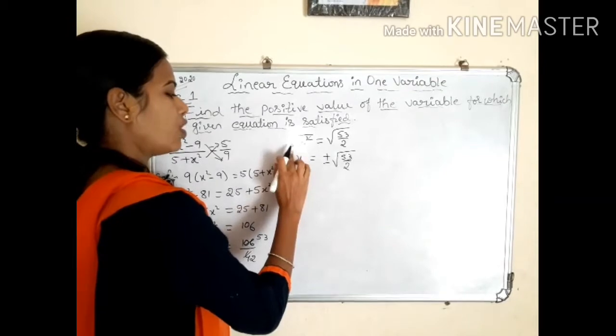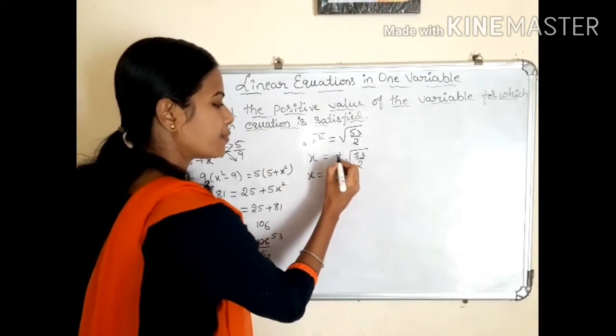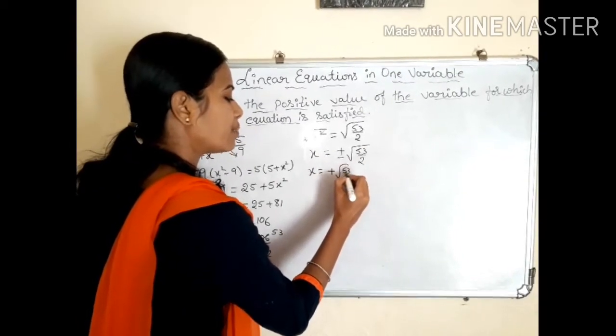Now only you need x value positive. So consider x value is only plus square root of 53 by 2.